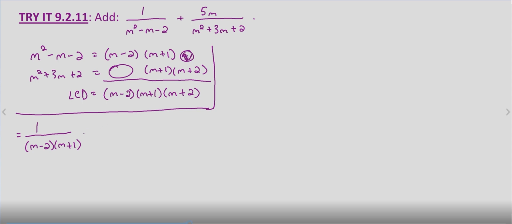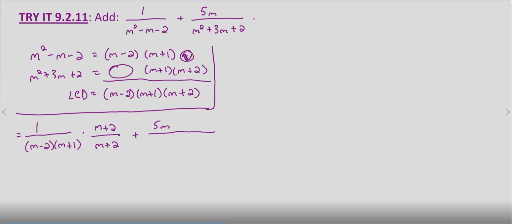So we multiply by m plus 2 over m plus 2. And we can do that because it's just a fancy way of multiplying by 1. M plus 2 divided by m plus 2, well, that's 1. And then we're going to be adding 5m over, what was the factored form of m squared plus 3m plus 2?